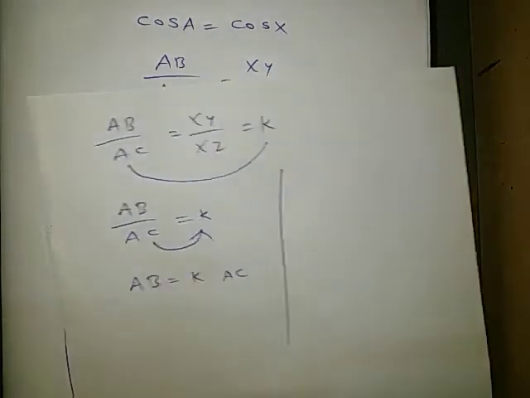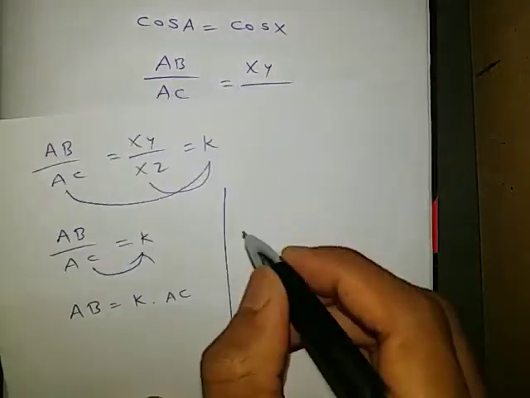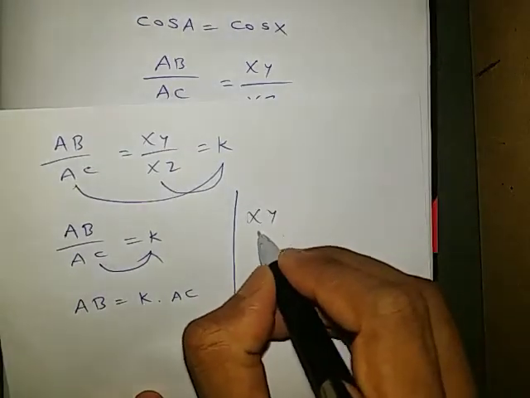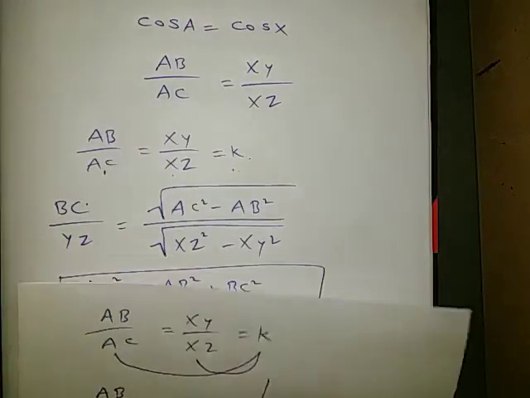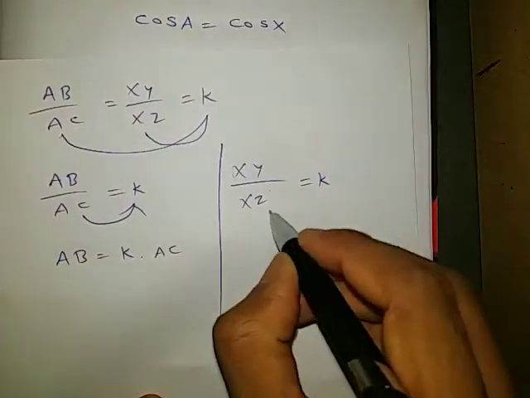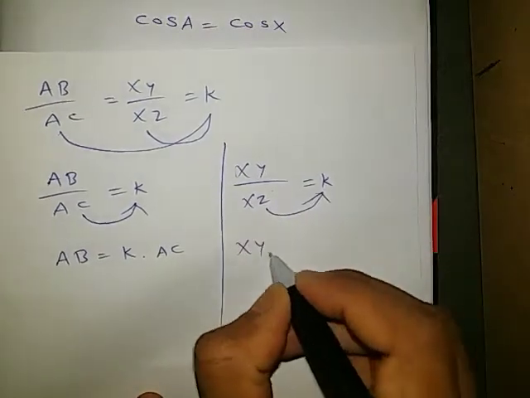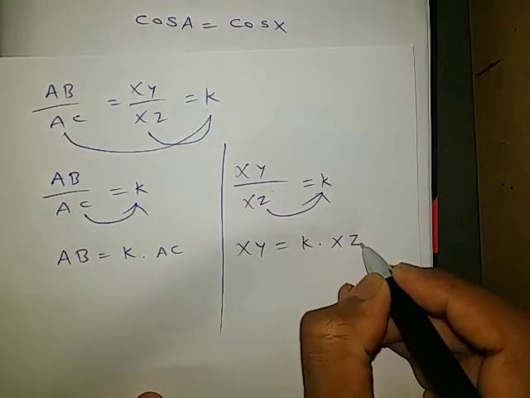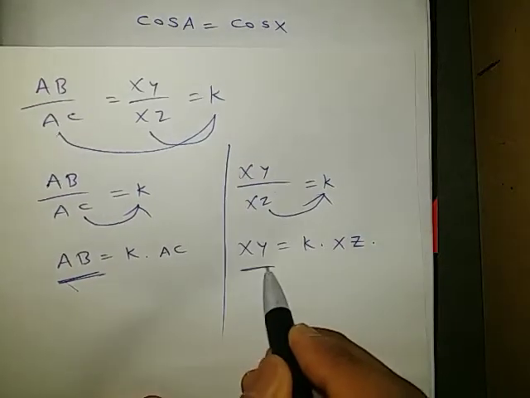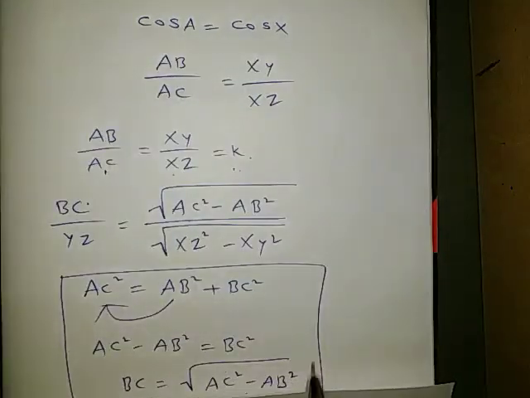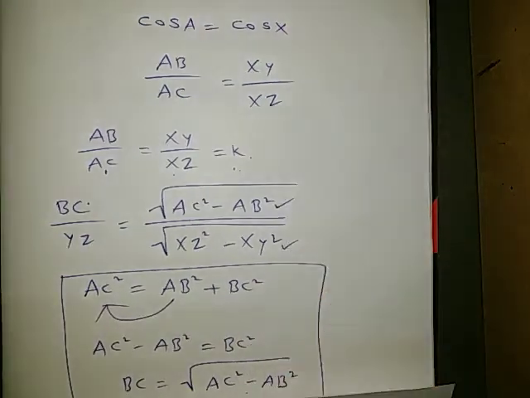Taking XY by XZ is equal to K, we get XY is equal to K into XZ. Now this AB value and XY value I will substitute into the ratio.